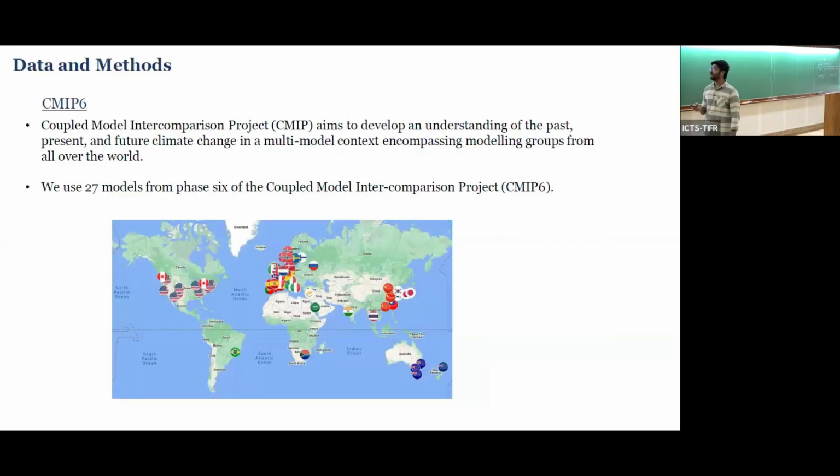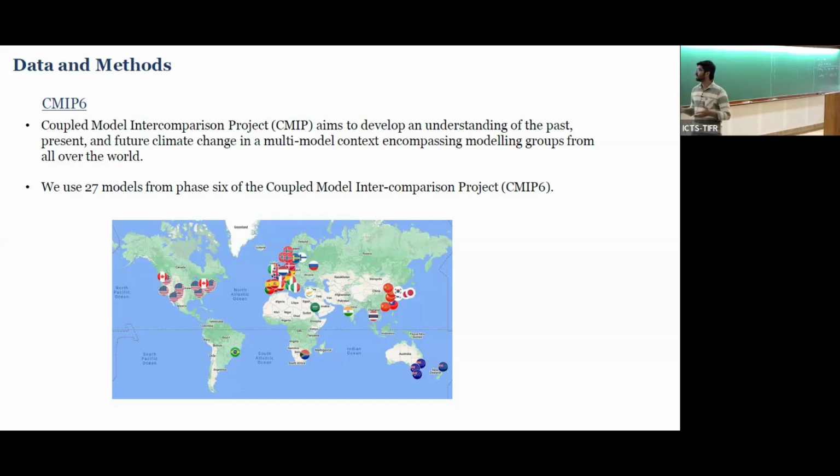When we talk about these models, we are talking about the CMIP project. Some of you might know about this. It is called the Coupled Model Intercomparison Project. It brings together various modeling groups from all over the world to provide standardized model outputs of various parameters.